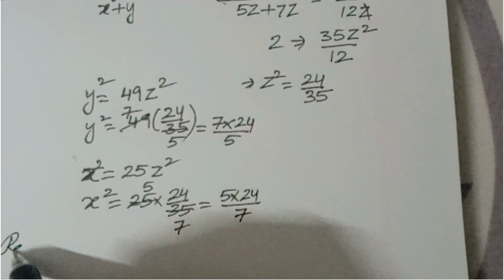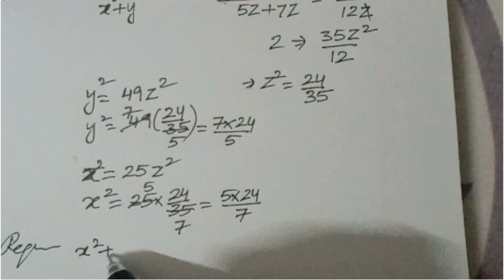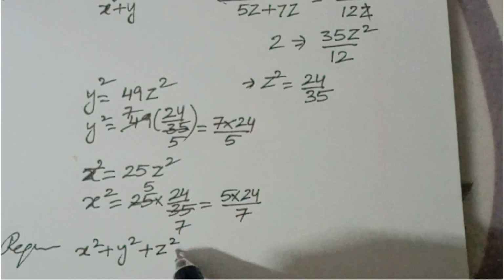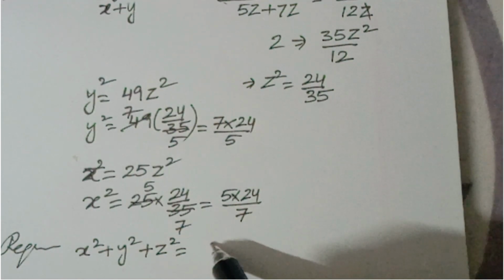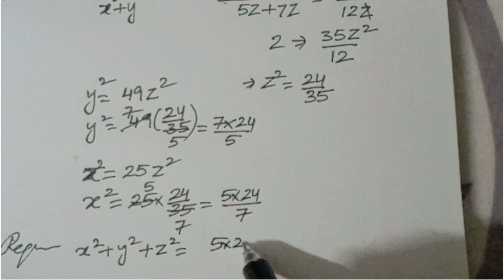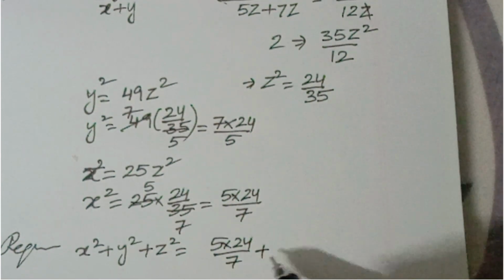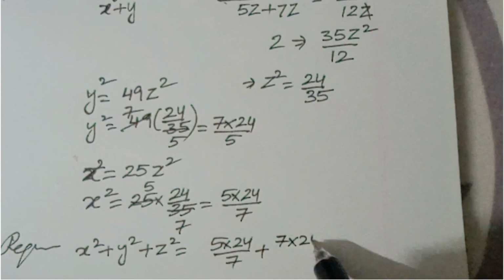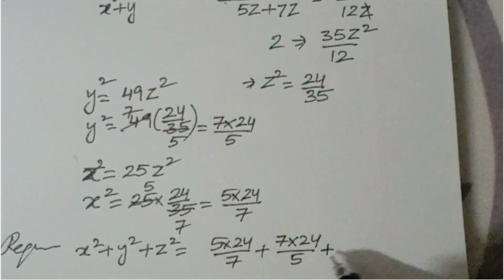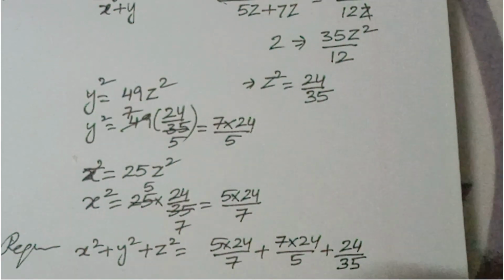Now what is required here? X square plus y square plus z square value. So x square is 5 into 24 by 7. Y square is 7 into 24 by 5. And z square is 24 by 35. So if you take 24 common, you will get 5 by 7 plus 7 by 5 plus 1 by 35.